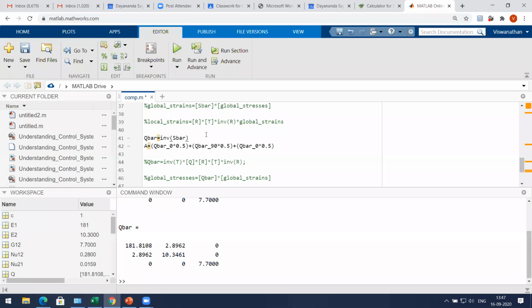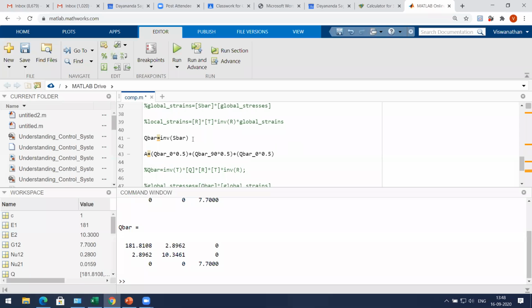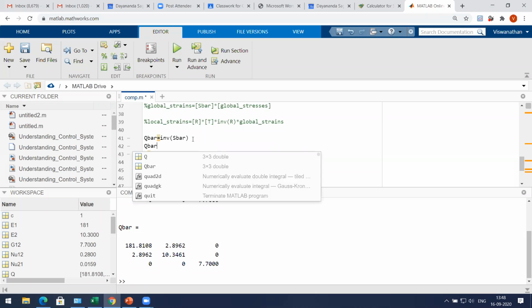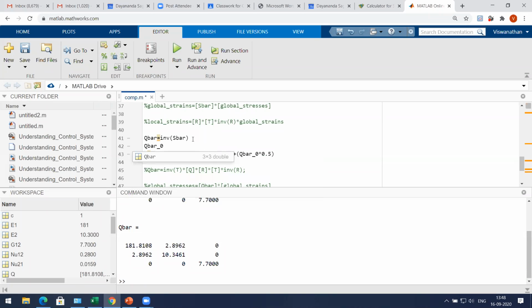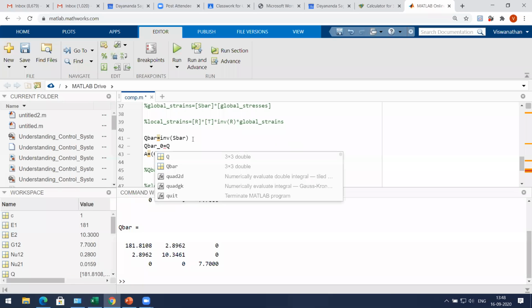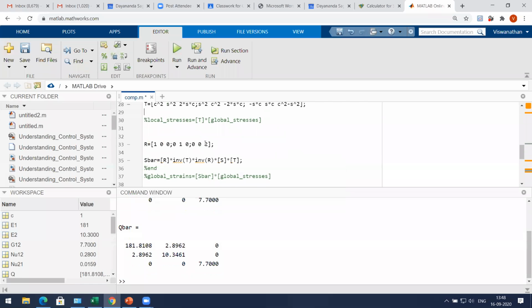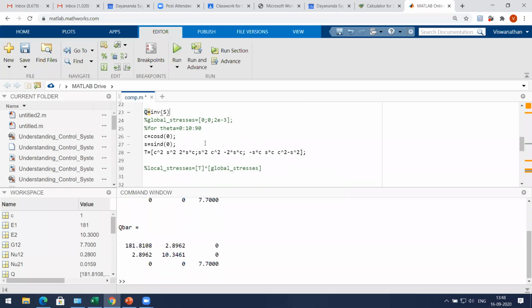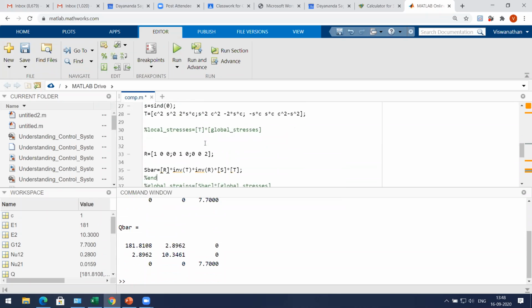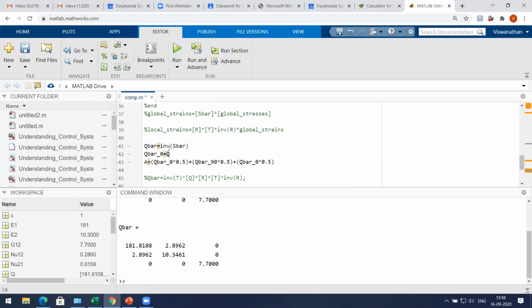Now I want to know what Q bar 90 is. Q bar underscore 0 is nothing but Q, which we have defined.